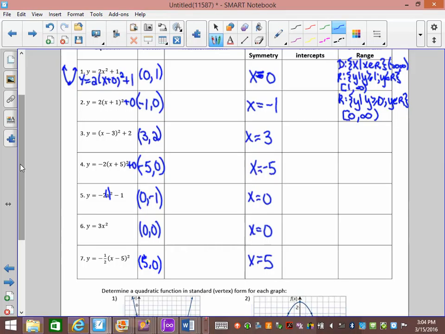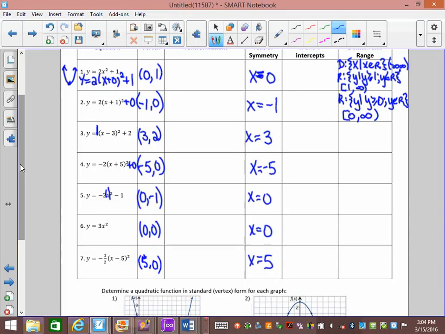So the graph is concave up because we have a positive 1 in front of here. Because we have a positive a value, it's concave up. So do I have a lowest value or a highest value? Do I have a minimum or a maximum? I have a minimum at 2.